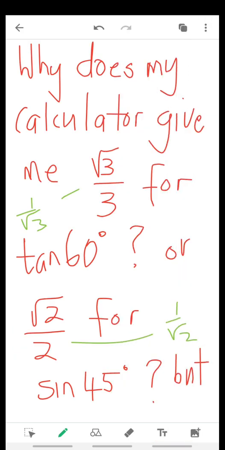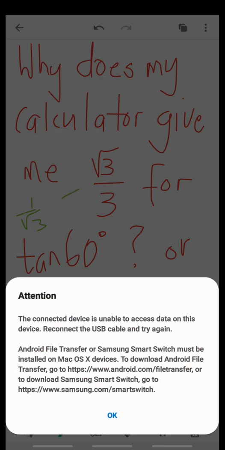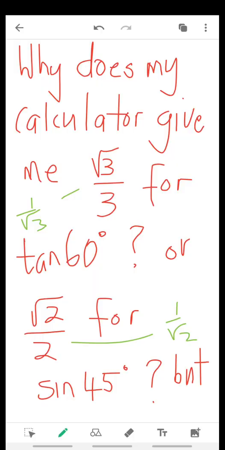Now, why does my calculator give me square root 3 over 3, when I'm getting 1 over root 3 using the triangles? And why am I getting square root 2 over 2 in the calculator, but my triangles give me 1 over square root 2 when I punch sine 45 degrees, or tan 60 degrees? That is because we said when you use those triangles, you must not use a calculator.